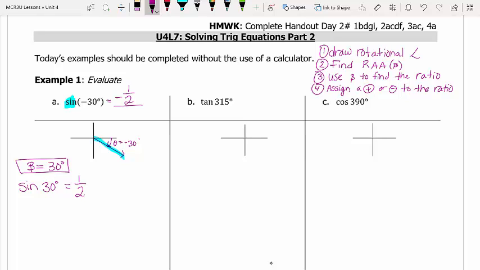Okay, let's try tan of 315. Let's follow our steps. First, draw the rotational angle. So draw 315 degrees. Step 2 is find the related acute angle. The related acute angle is going to be 360 degrees minus 315 degrees, and the leftover piece is your related acute angle.